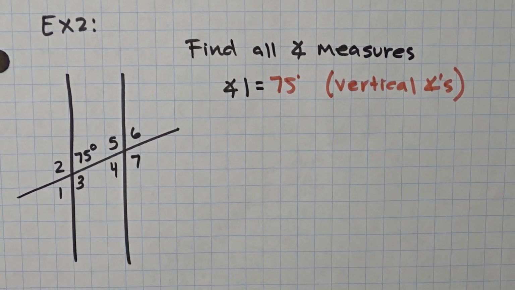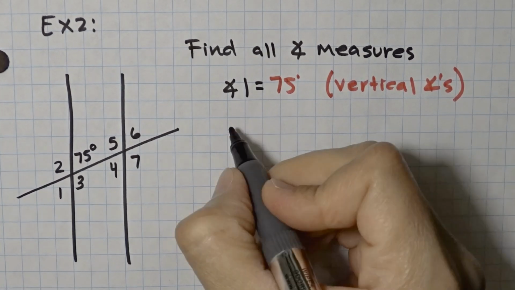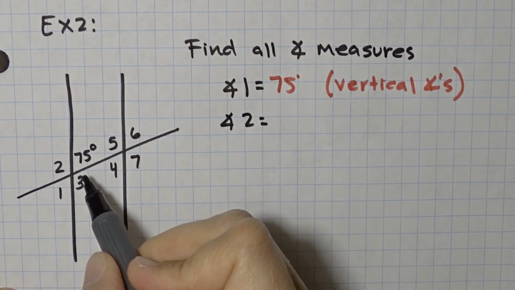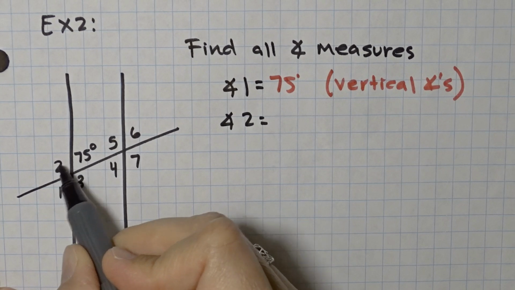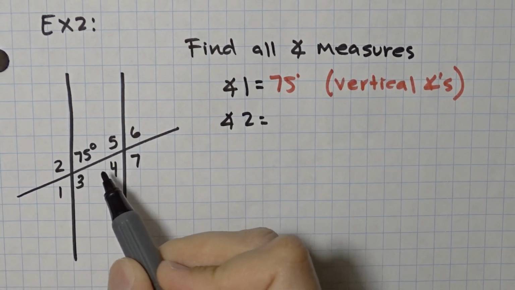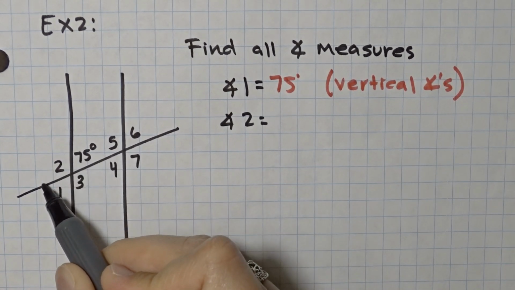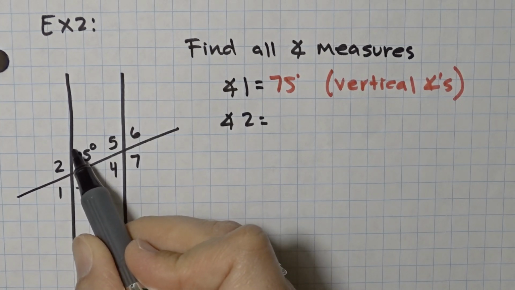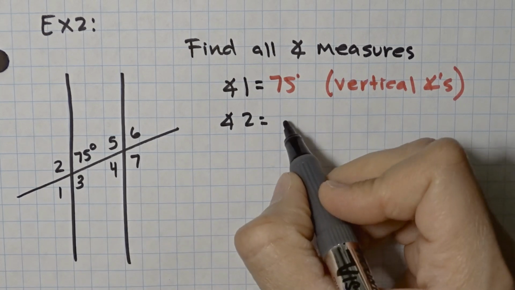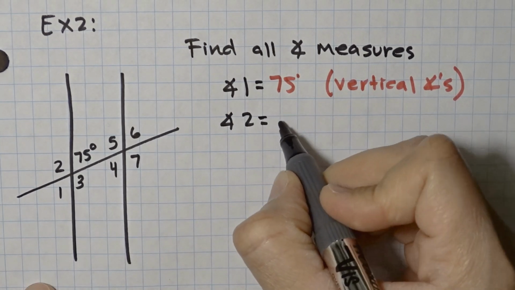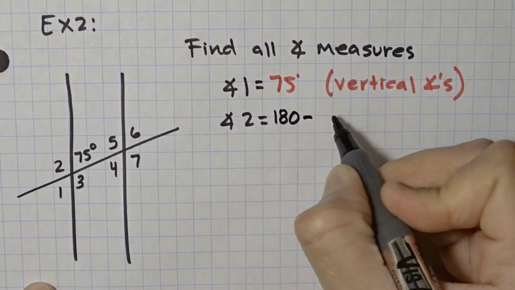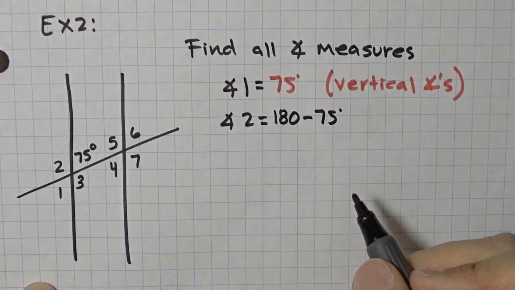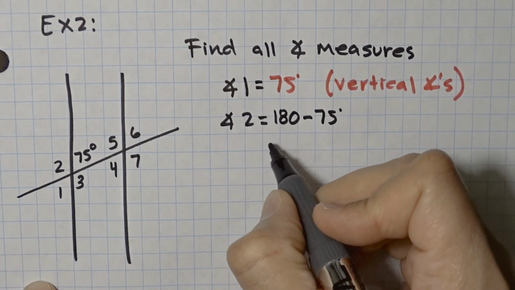That's my reasoning. And angle 2 is going to be supplementary because they're both on this straight line. So I know that if I swing all the way from here to here, that's going to be 180. So if I already got 75, I just have to figure out how much is left. So I'm going to say the angle 2 is equal to 180 minus 75, and that's going to be 105 degrees.